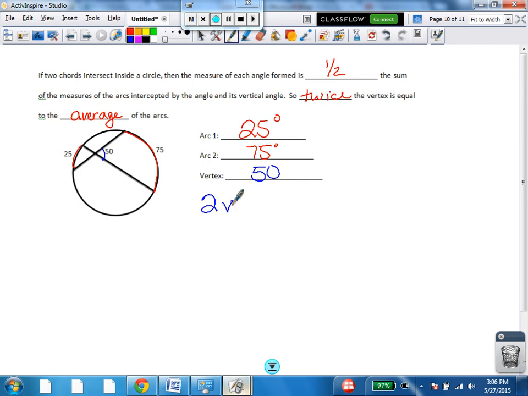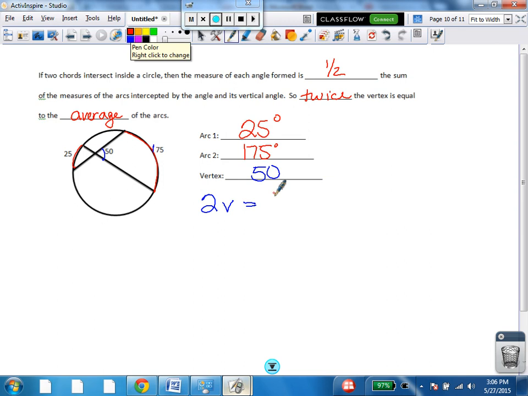Twice the vertex is equal to the average of the arcs. So that would be 75 and 125. Oops. Little mistake. Sorry, that's supposed to be 175.